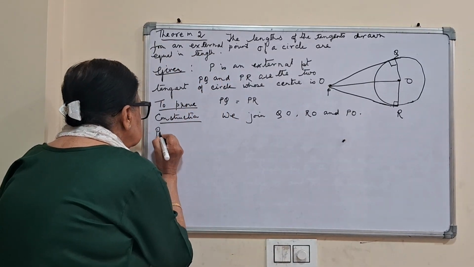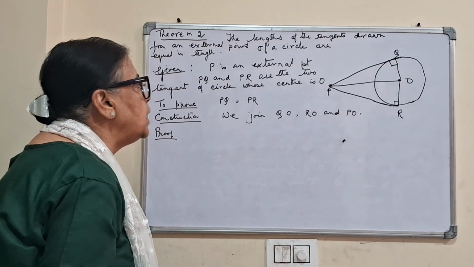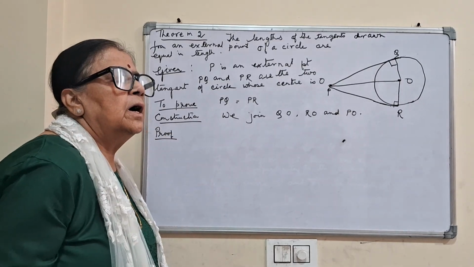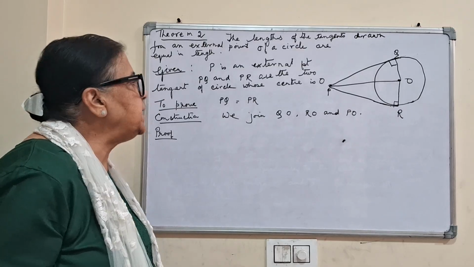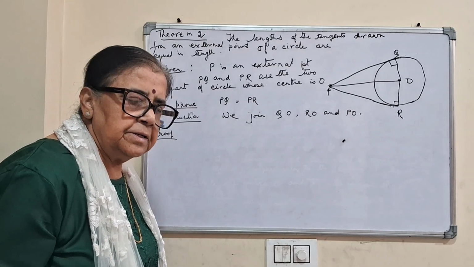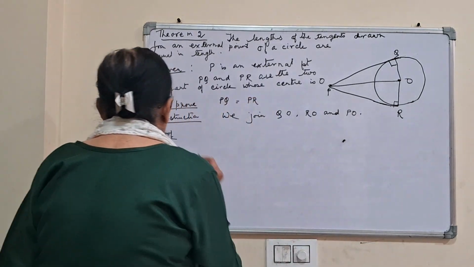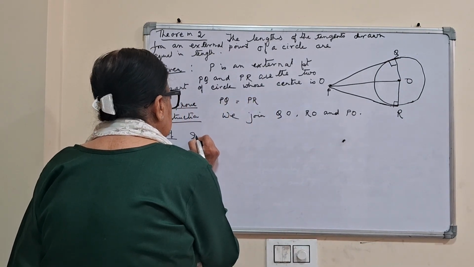Proof. In the last theorem, we studied that the radius at the point of contact is always perpendicular to the tangent.